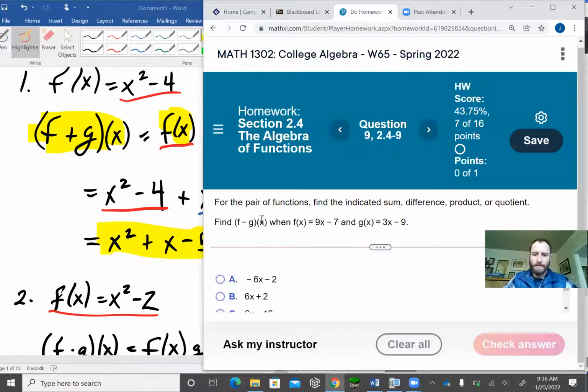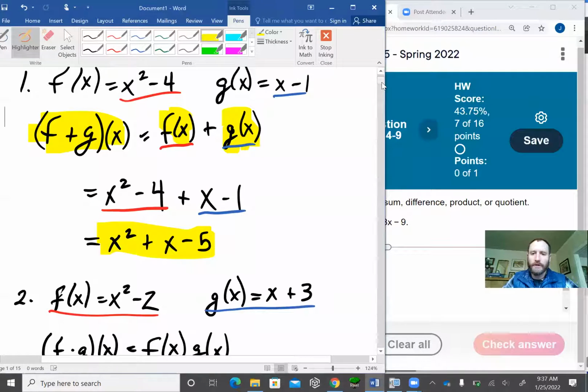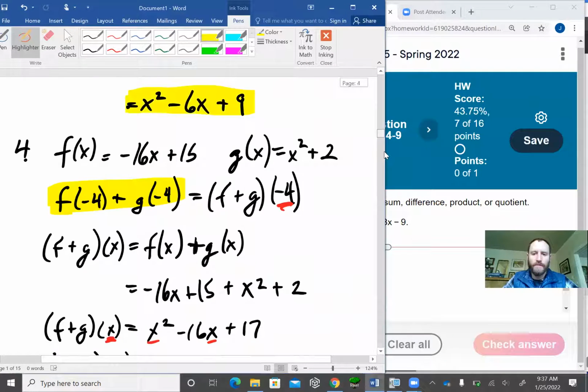Okay, on number 9. For the pair of functions, find the indicated sum, difference, product, or quotient. Now it's going to tell us we want the difference, f minus g of x, when f of x is 9x minus 7 and g of x is 3x minus 9. Okay, so let's go back over here. We will do this one.